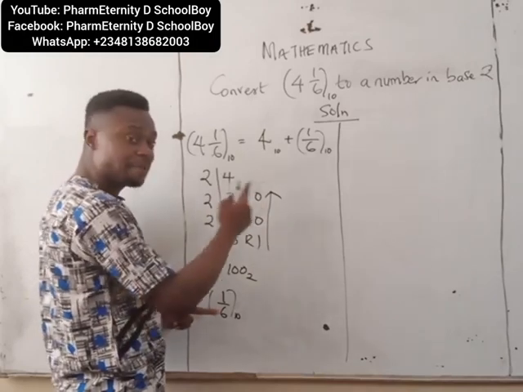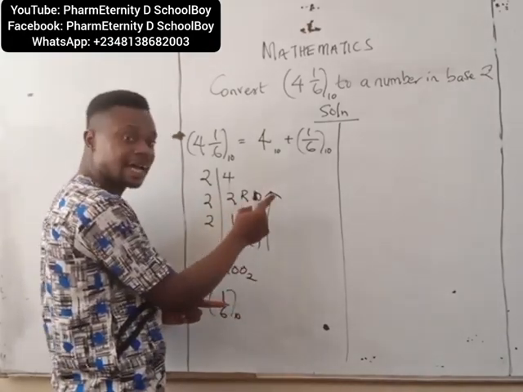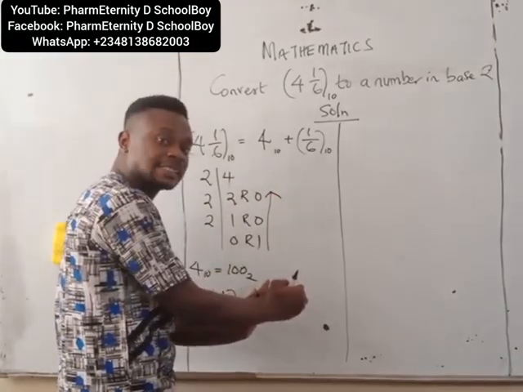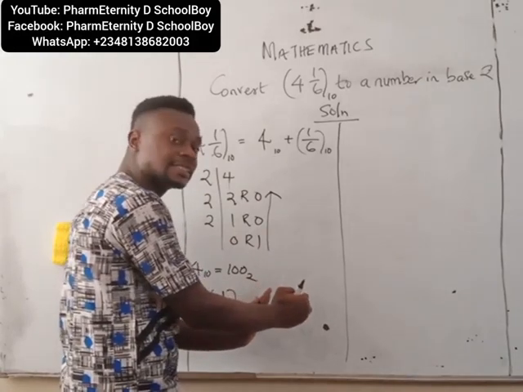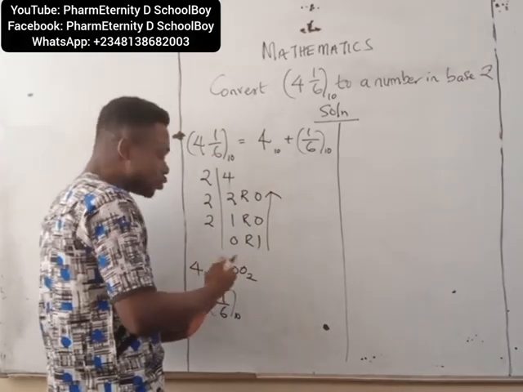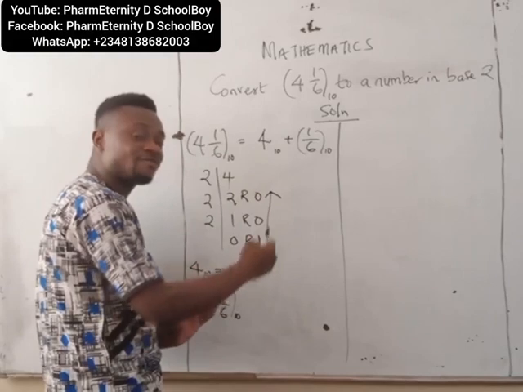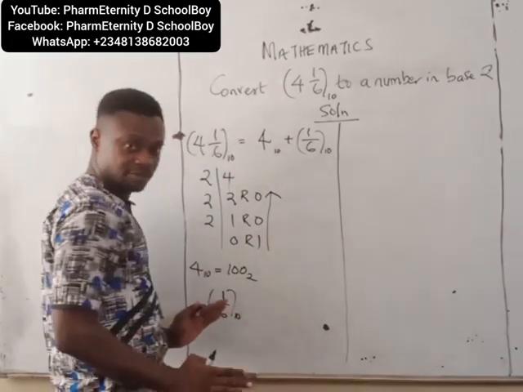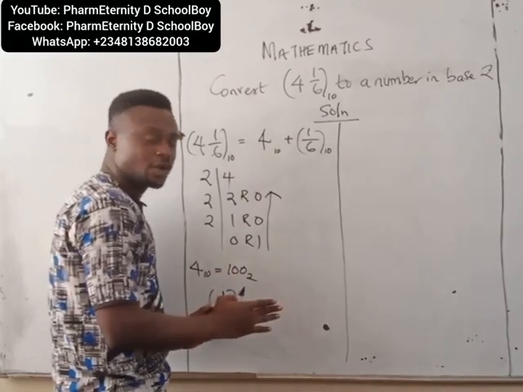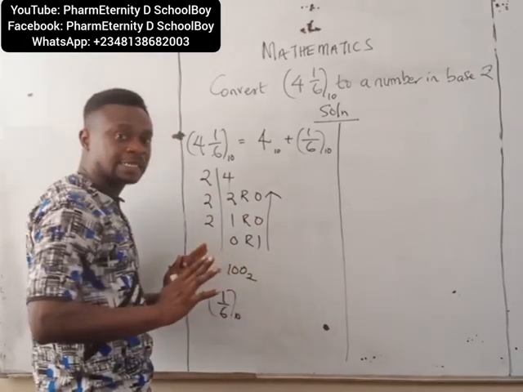And if we multiply by 2, instead of picking the remainder, we now pick the whole number part, and send back the fractional part to multiply by 2 again, and we keep doing that until the fractional part becomes 0. If the fractional part refuses to become 0 and keeps repeating itself, we stop at that point.